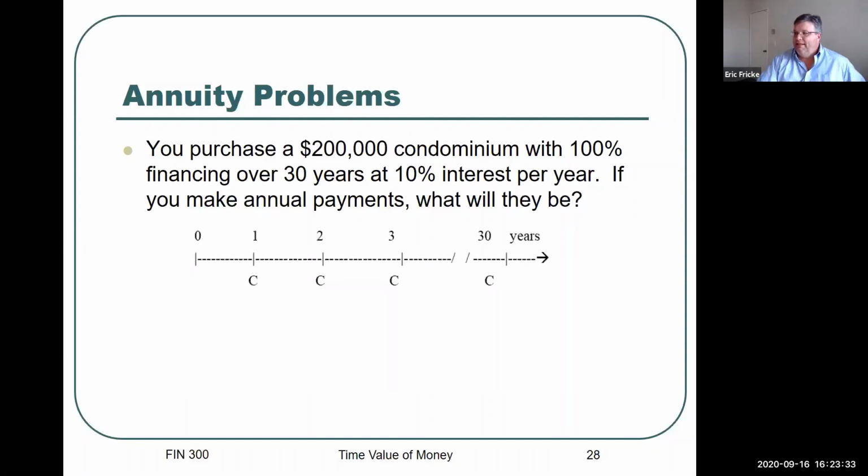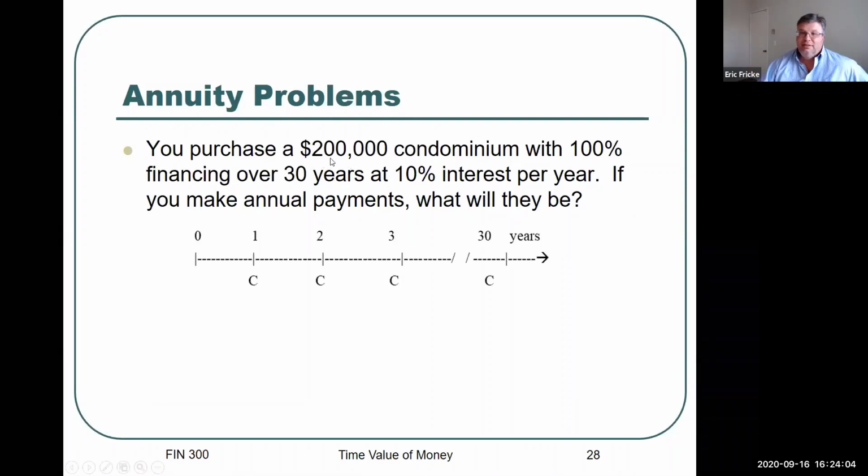So if you think about it, it's kind of like an annuity, right? The difference here is we don't know what those annual payments are, those cash flows every year. We've got a set of cash flows, they're all the same, and there are 30 of them over 30 years. We know the interest rate. Do we know the present value of the loan? Actually, we do.